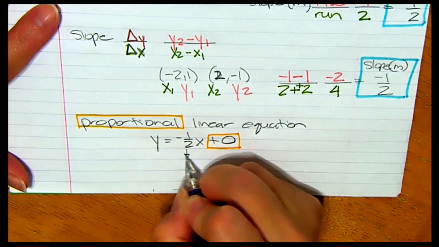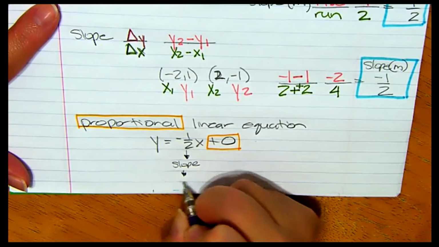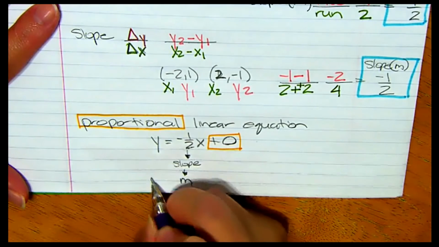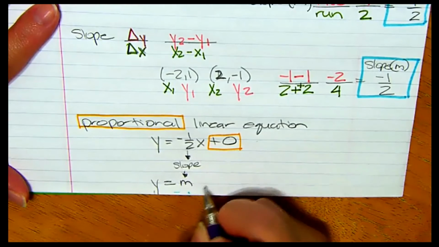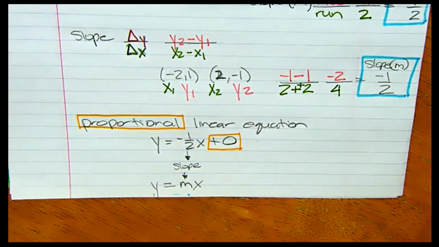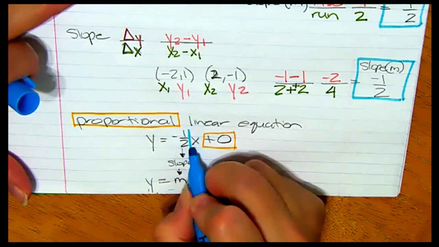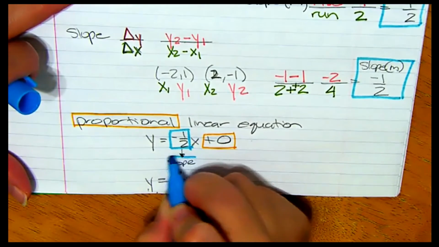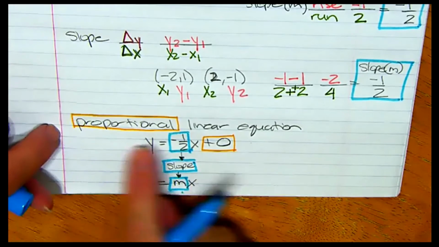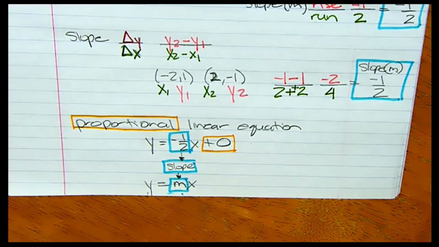We said this is our slope, and we think of slope as m. So y equals mx. We're not going to bring this down, because plus 0 is plus 0, we don't need to show that. So here's our slope. This is the equation for a proportional linear equation right here: y equals mx.